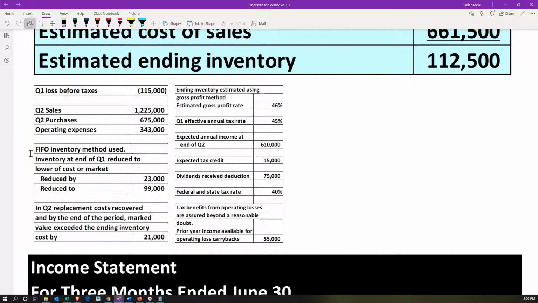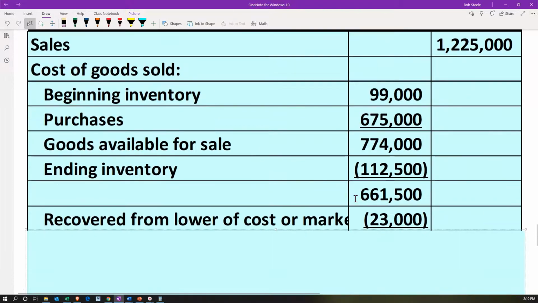The inventory at the end of Q1 last quarter was reduced to the lower cost of market, reduced by 23,000. And then it was reduced to the ending inventory at the end of Q1 and the beginning inventory for Q2, 99,000. But then in Q2, replacement costs recovered, and by the end of the period, market value exceeds the ending inventory by 21,000.